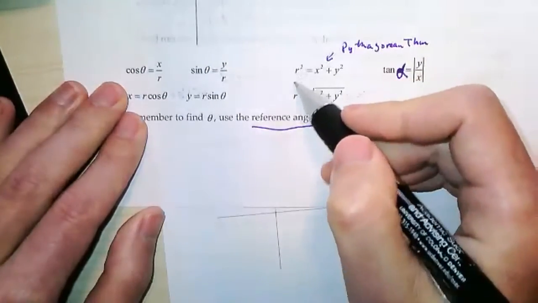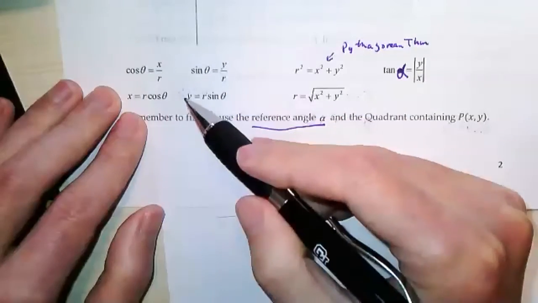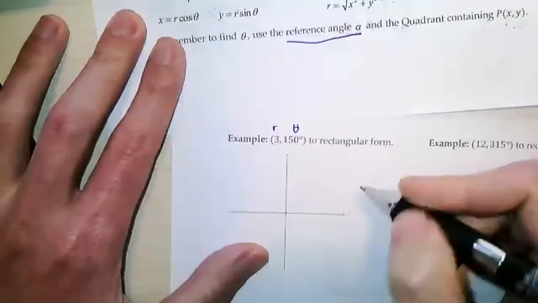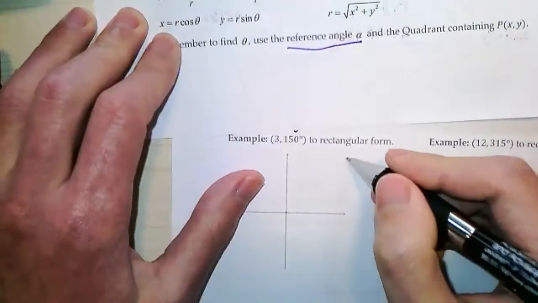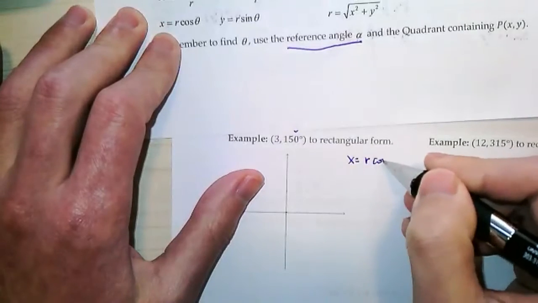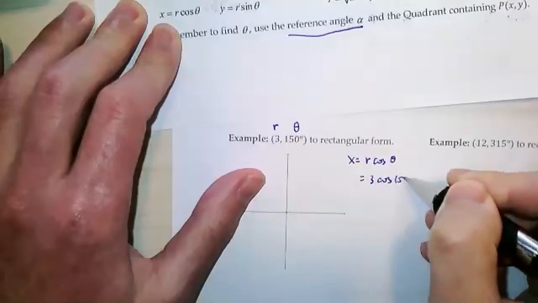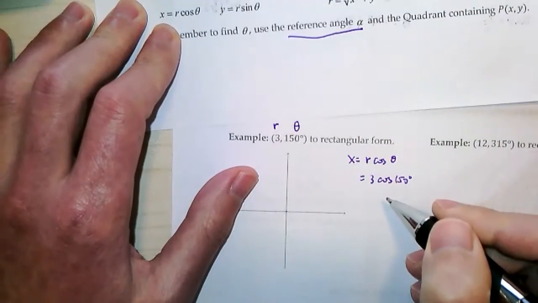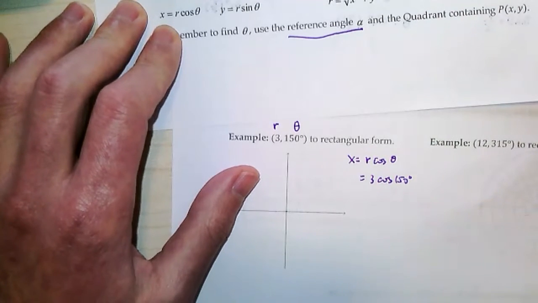We know r, we know theta. We want to figure out what is our x and y. So this cannot be easier. You just plug into this formula. X equals r cosine theta. R is 3. Theta is 150. Wow. So what is cosine 150?